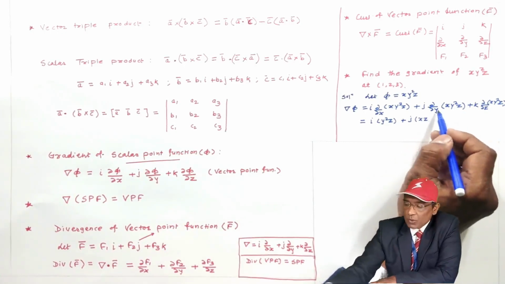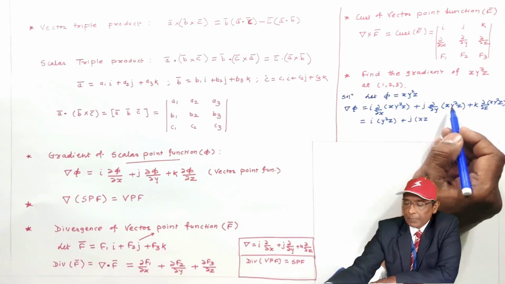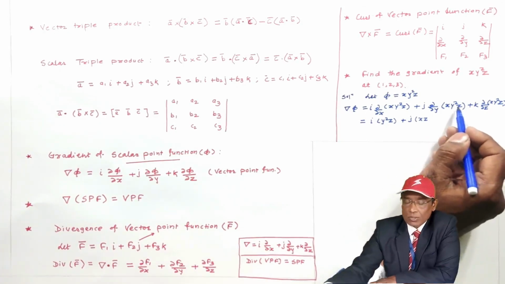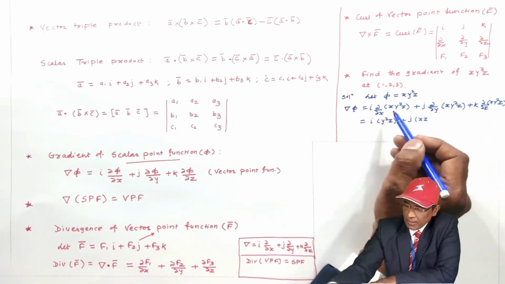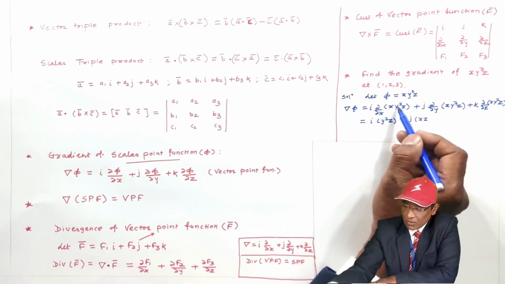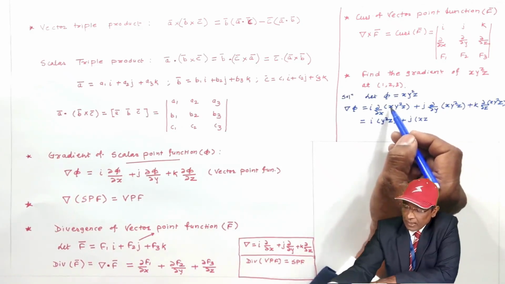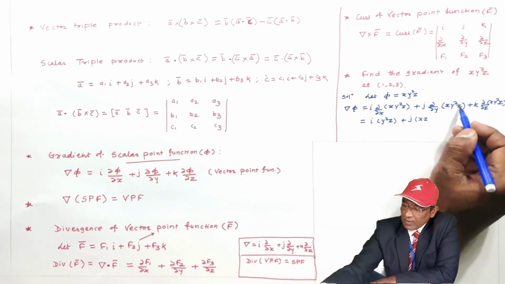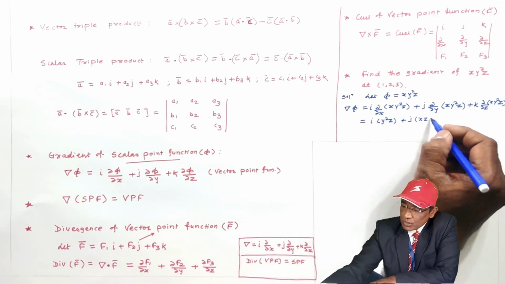Partial derivative with respect to y means what? Derivative with respect to y keeping x and z constant, keeping the other variables constant. See here, derivative with respect to x keeping the other variables, y and z, constant, so y square z is constant, and derivative of x with respect to x is 1. Here x and z are constant, derivative of y square is 2y.